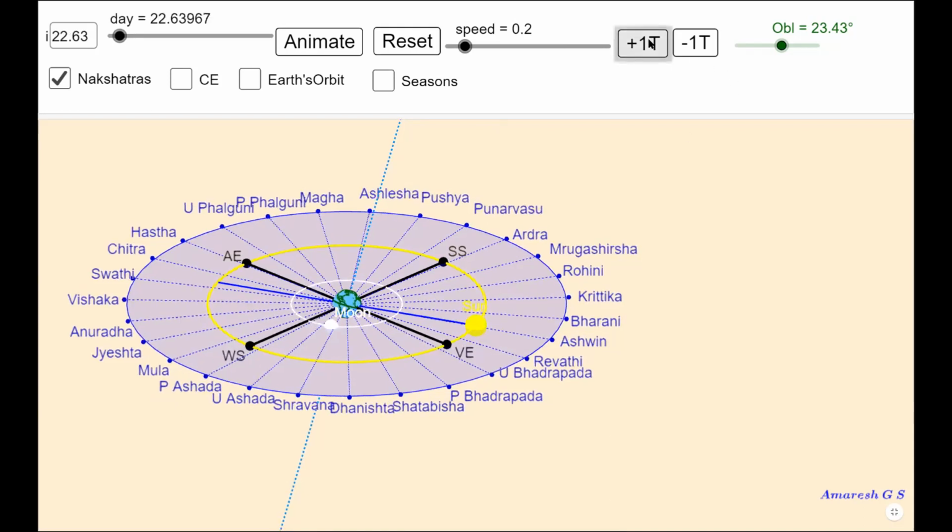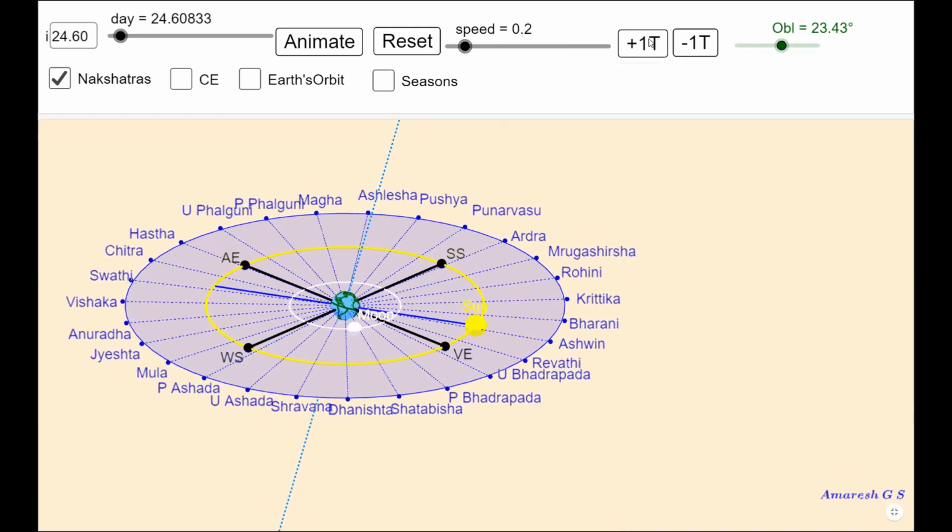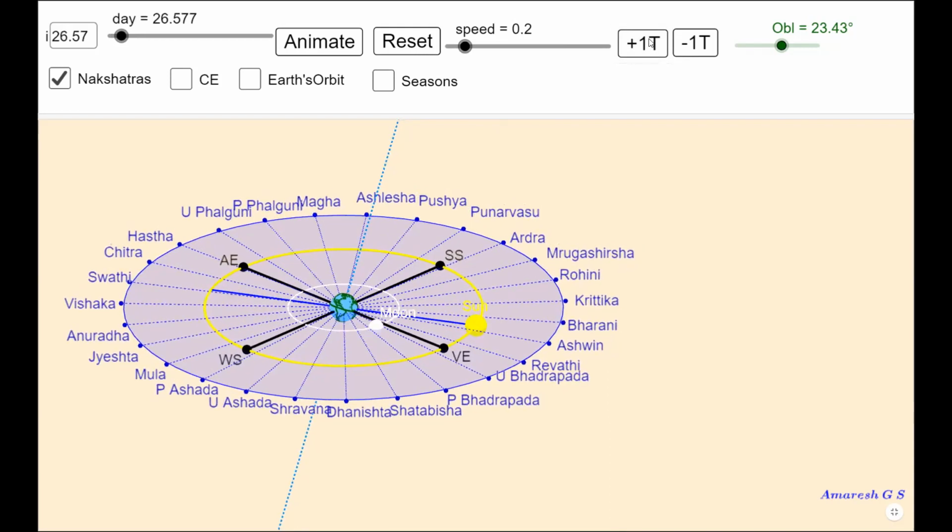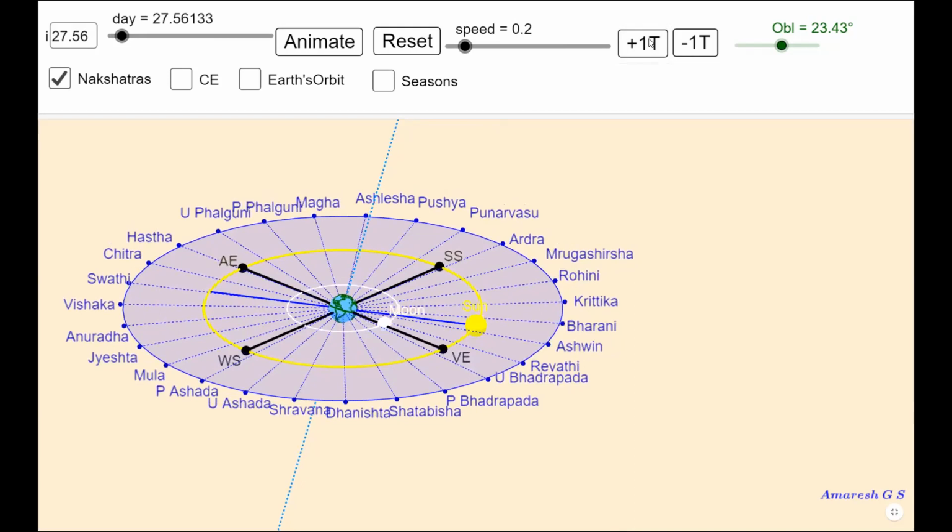Let's continue until we complete the sidereal lunar month. That's here. We started from this point. We have completed one circle as far as the moon's motion is concerned. It would have taken about 27 days or so. This is the sidereal lunar month.